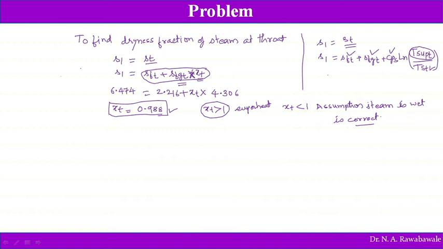That we did yesterday. Right now this is not required here because steam is wet. Our assumption is correct. Therefore, whatever formula we have used here is correct, and from that we obtain the dryness fraction at throat.